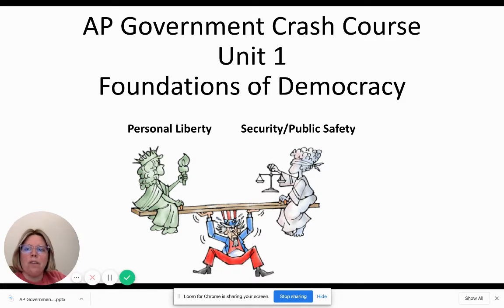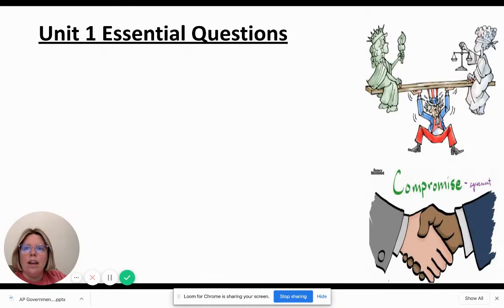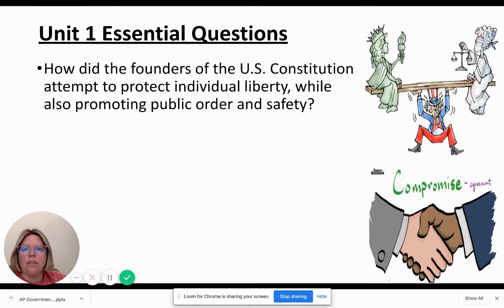Basically, Unit 1 is all the foundations of democracy. And essential questions. How did the founders of the U.S. Constitution intend to protect individual liberty while also promoting public order and safety? All these essential questions are very broad overviews of the material that we cover. For example, gun ownership.